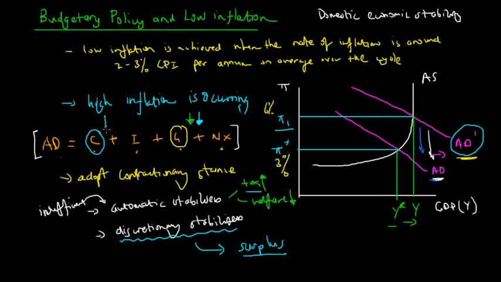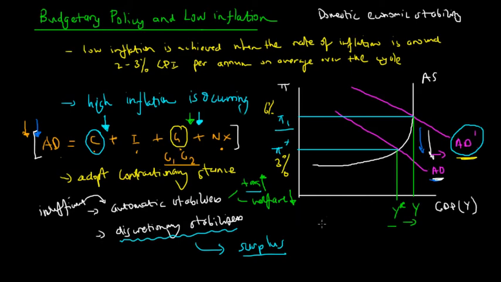And so when consumption expenditure decreases, we will see that aggregate demand as a result will also fall. And as the government adopts a contractionary stance, government expenditure, both G1 and G2, would slow, and therefore that would decrease aggregate demand again.